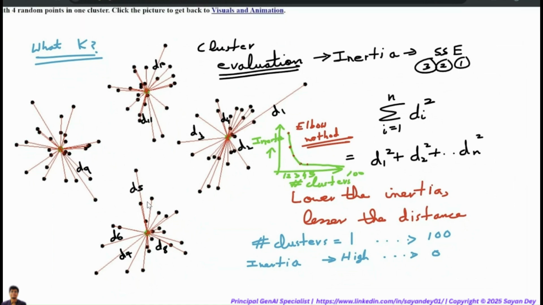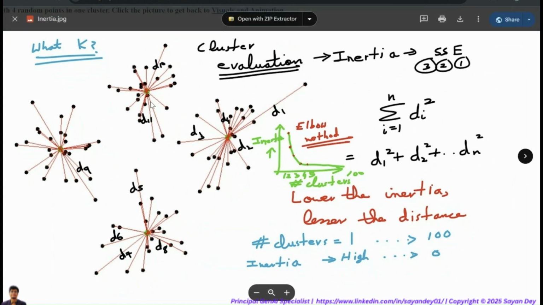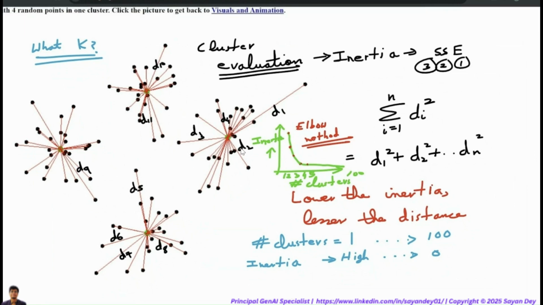So when you do clusters equal to 4, behind the scenes, you are able to find out the centroids, right? Now that you did the clustering, you want to find out the overall inertia of the clustering model. That is what you want to find out.